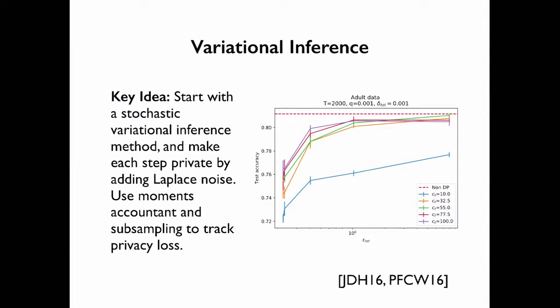This was done by Jälkö et al., and this is a figure from their paper on differentially private logistic regression, as well as Park et al. And essentially it's a lot like the way you do differentially private deep learning. You use stochastic gradient descent, and then you can use the moments accountant and subsampling and also gradient clipping, tricks like this to ensure that you have good privacy loss.